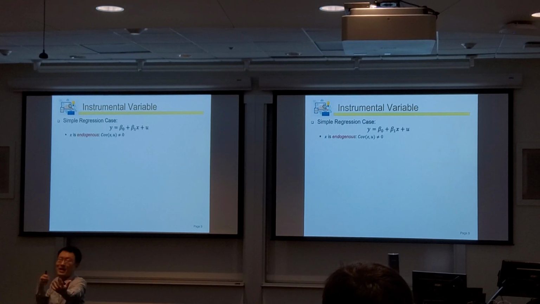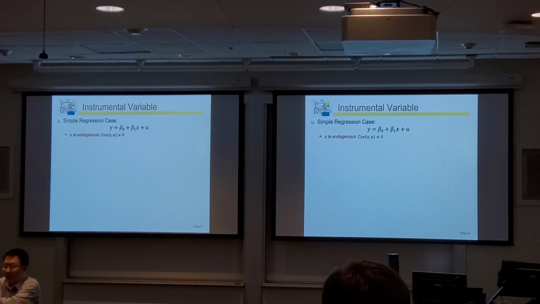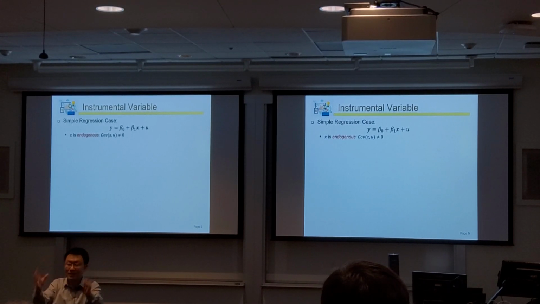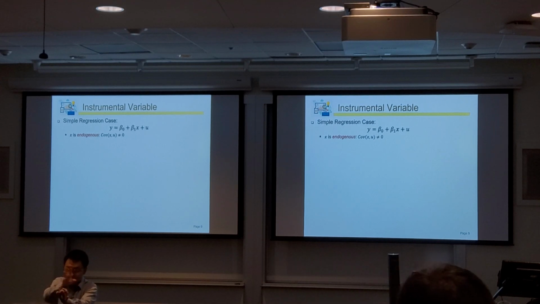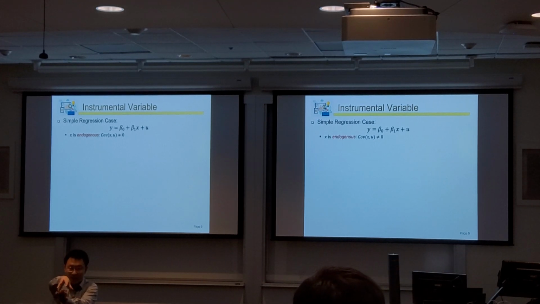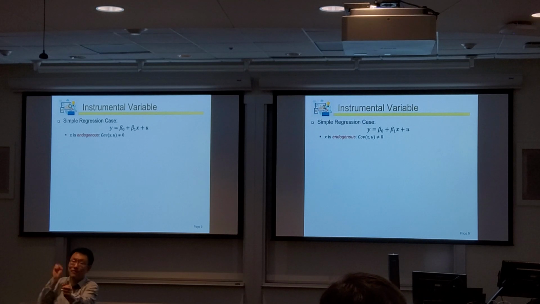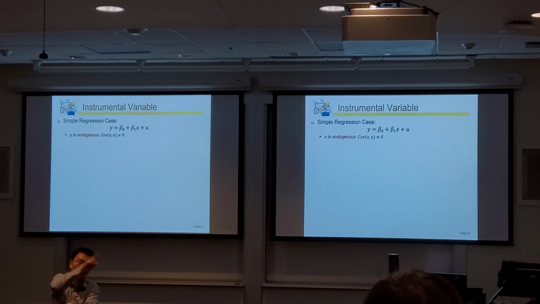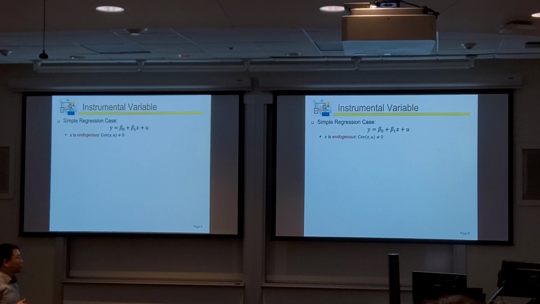Then we extract the random part, the random variation inside this variable, and leave the rest. The rest is the endogenous part. Leave the rest to the error. And then we can restore an exogenous context, so that the exogenous part that we have extracted through this IV will be able to help us identify the true partial effect of this X variable. All right, so roughly that's the idea.